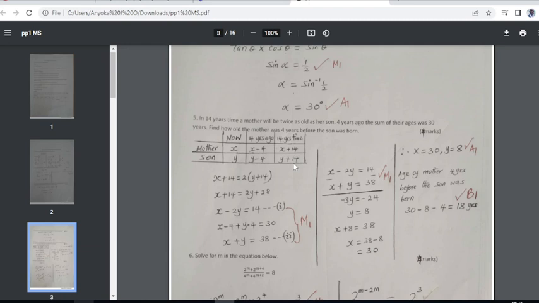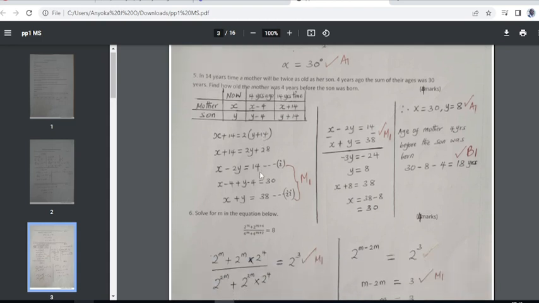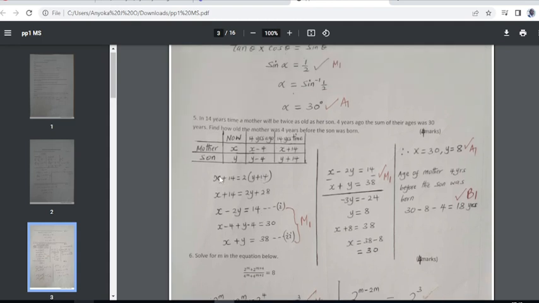Nothing much you have done, but you are recording the information. You have come up with the analysis part of it. Now you will get back to the equation. 4 years ago, the sum of their ages was 30.